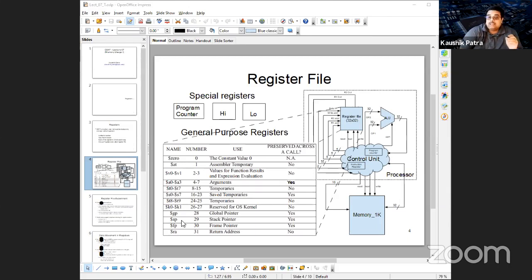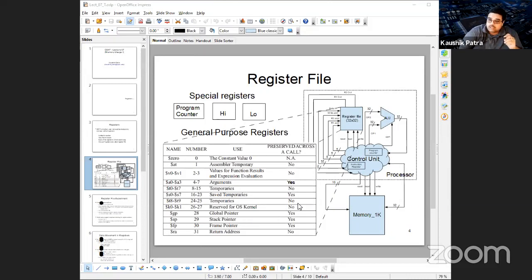The stack pointer is supposed to always point to the top of the stack. The frame pointer, we'll talk about again when we discuss function implementation in assembly, but it has to point to the start of the frame for that procedure. And the return address always stores where to return after the function is done. So don't mess with these registers at all: $gp, $sp, $fp, $ra.